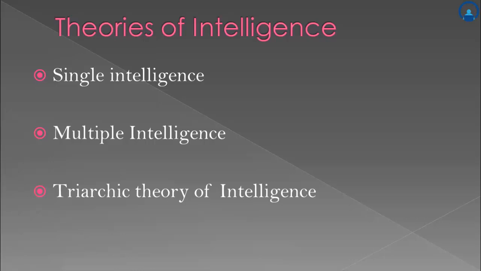So when you look at the problem, you look at it in a practical way, in an analytical way, in a creative way. How you look at the problem and solve that problem is the intelligence you have in your mind. So analytical intelligence, creative intelligence, and practical intelligence are part of the triarchic theory of intelligence.